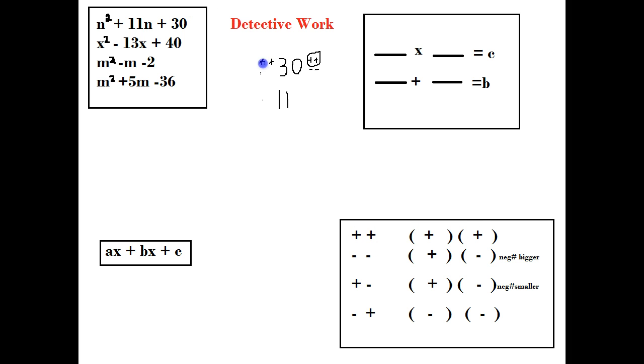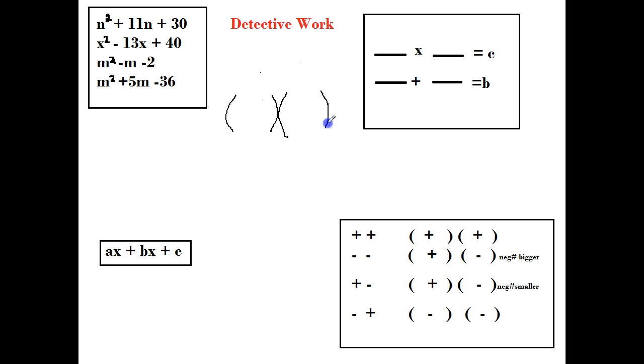Let me erase this, which is the minus minus. And first of all, I don't want to keep you in suspense: minus minus means you're going to have a plus and a minus where the negative number is bigger. But let's reason that out, okay? So put in our parentheses.